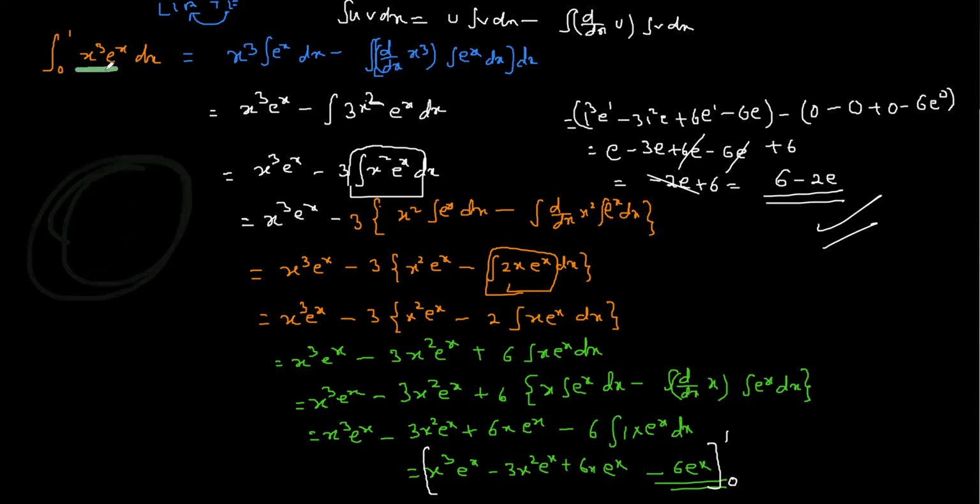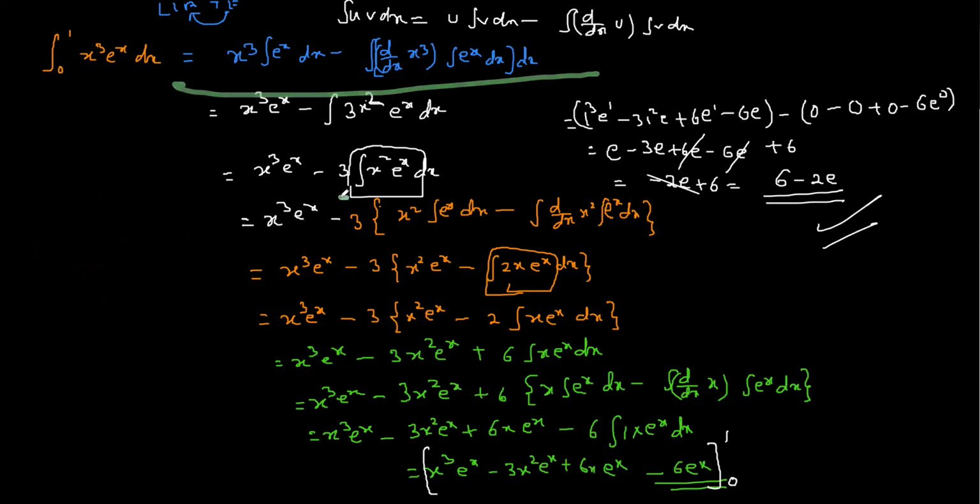Here x raised to 3 is there, so integration will be 4 times. As the power of x increases, the number of integrations increases. If only x into e to the x is there, then only one integration is possible.